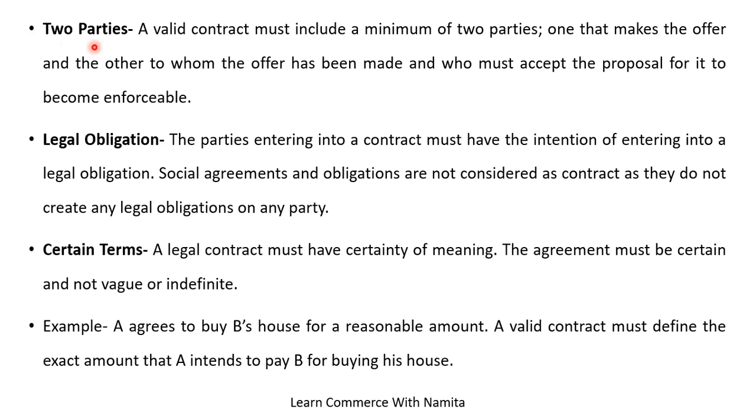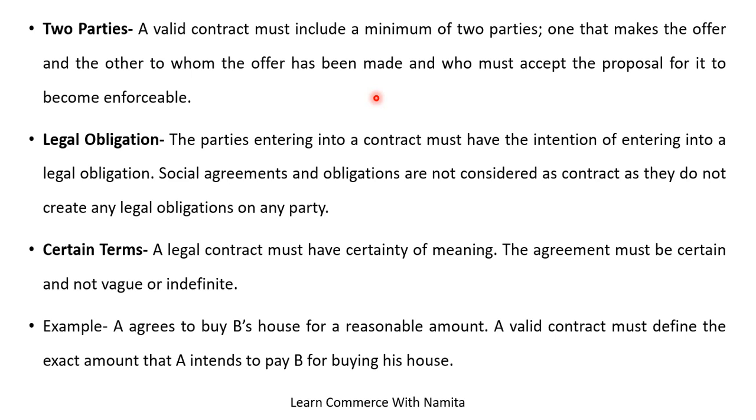So in a contract there should be at least two parties, two or more. A contract is valid only when there are two parties. An individual person cannot make an offer to himself and he cannot accept it also.